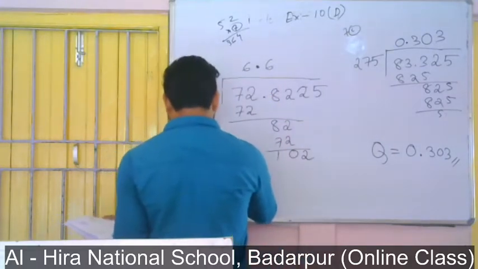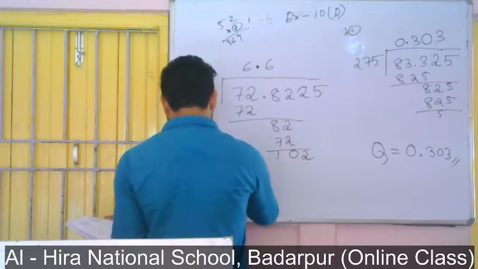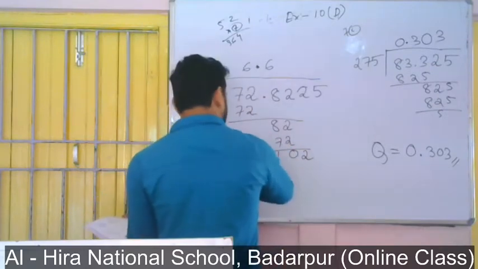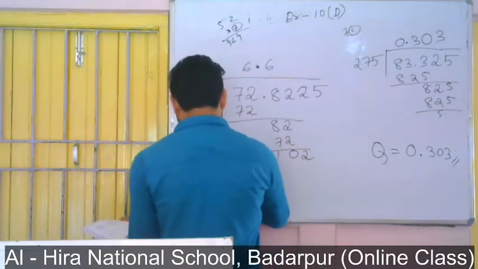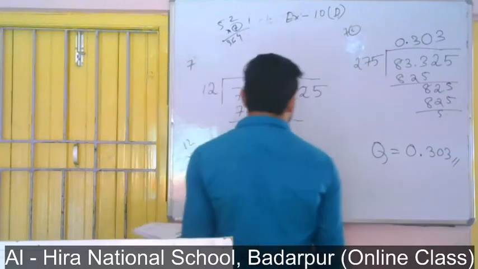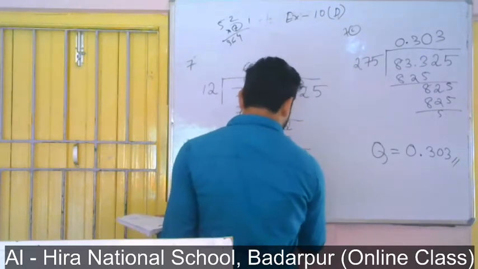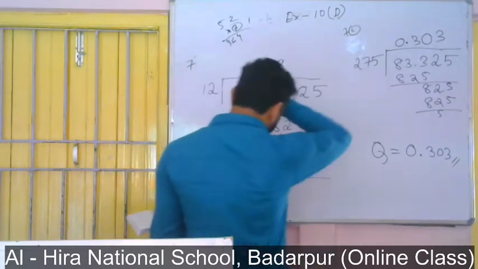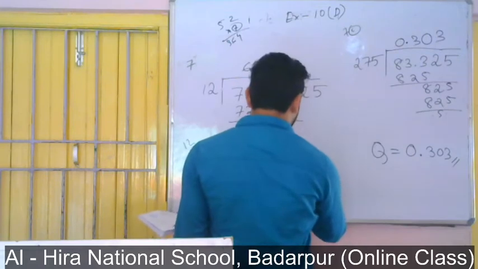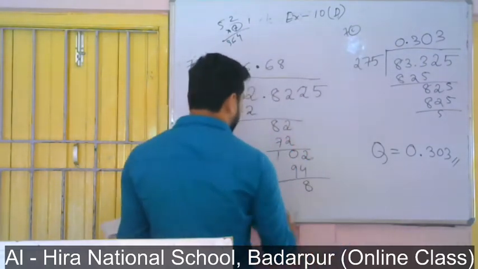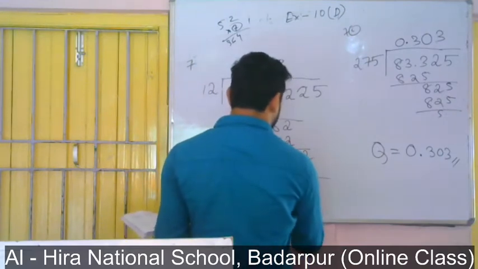So multiply with 7, 84, and 8, 94. So you can write with 8. Now here you see 12 minus 4, 8. Here remain what? 9 minus 9, 0.